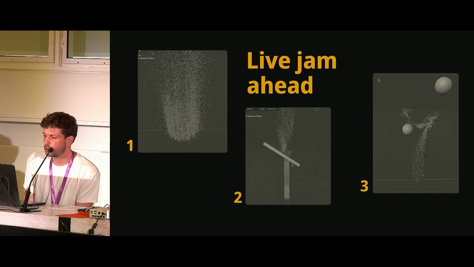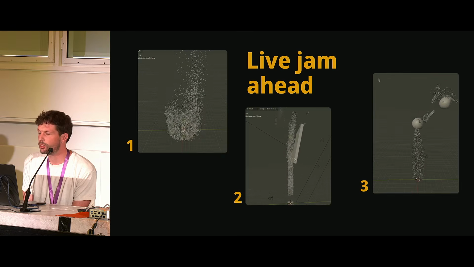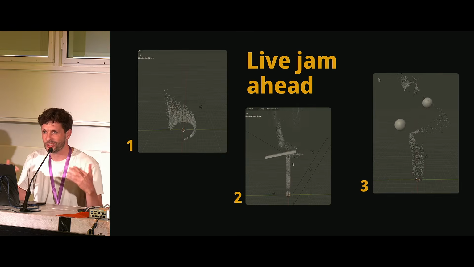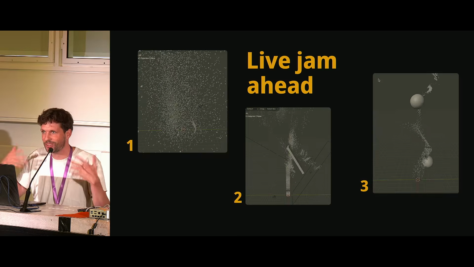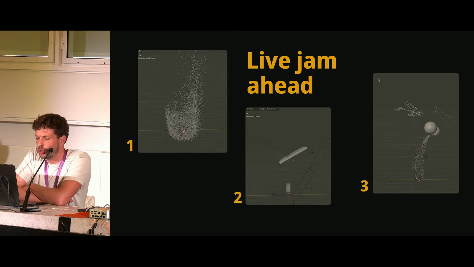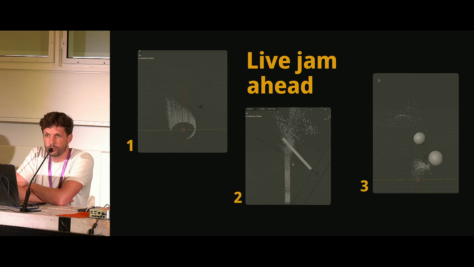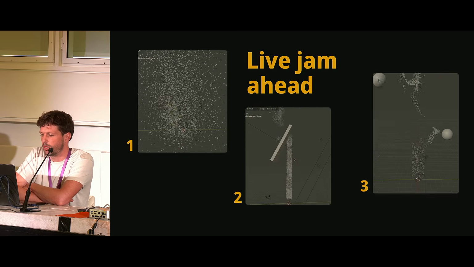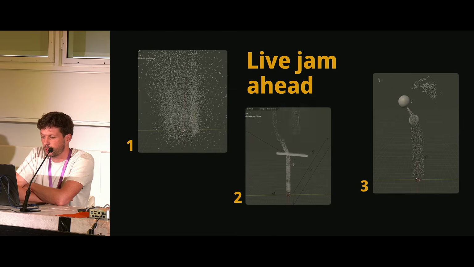So for today, I'd like to do a live jam, which is what I called it. It's also something I enjoy. I actually do that for relaxing, just attaching some nodes together and then having some nice output. So I would like to work on one of these three. Maybe if we have enough time, we can extend one. The first one is the easiest one.